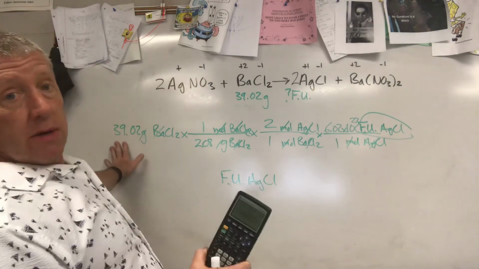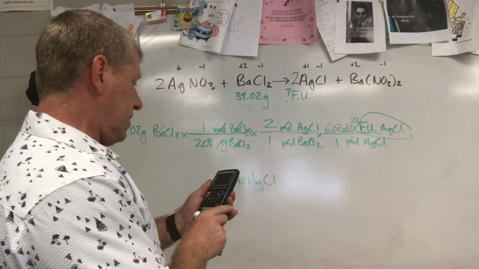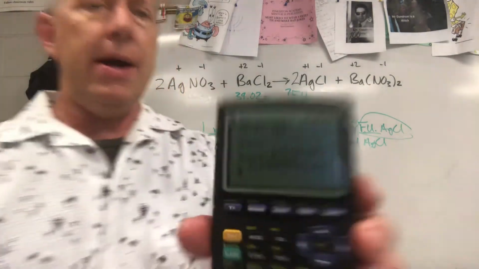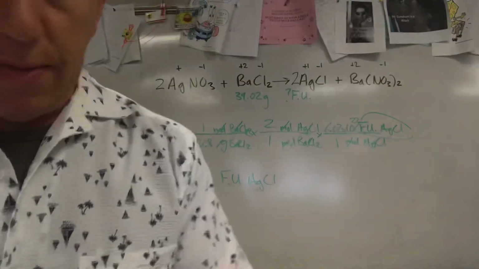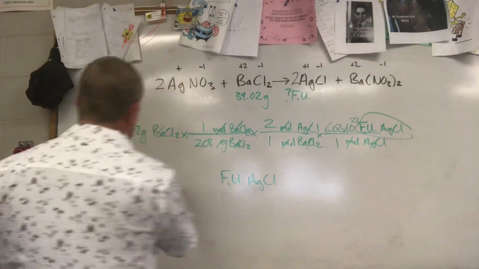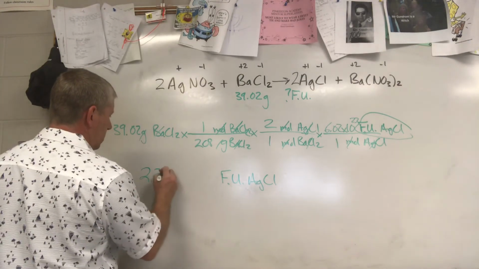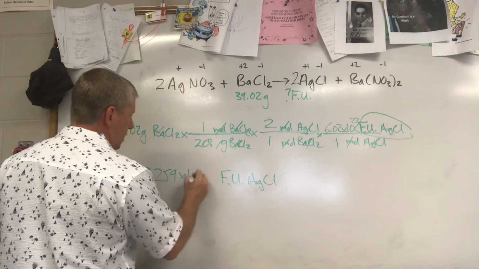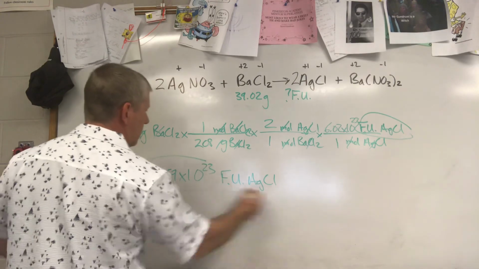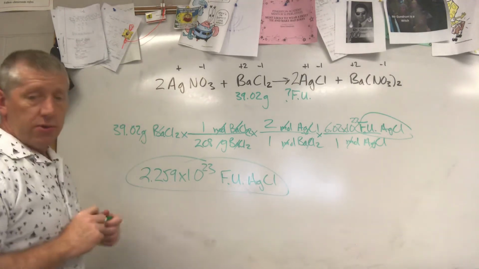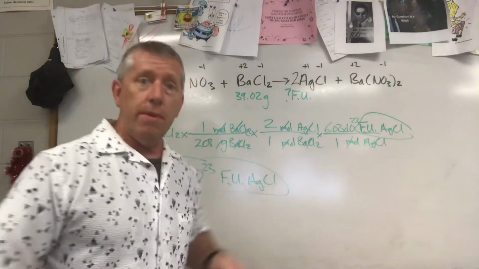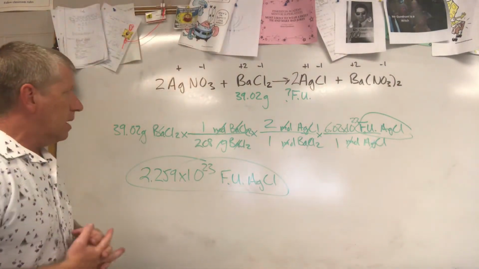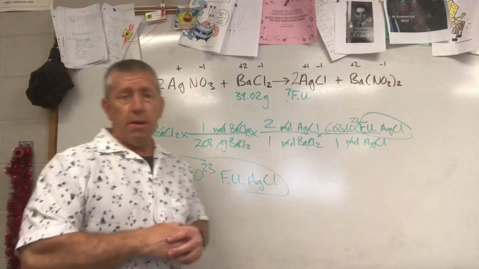With 4 significant digits, it will be 2.259 times 10 to the 23rd. And there we did another stoichiometry problem, this one with a little different ending, but we pulled something back from the past. So that's plenty of formula units.